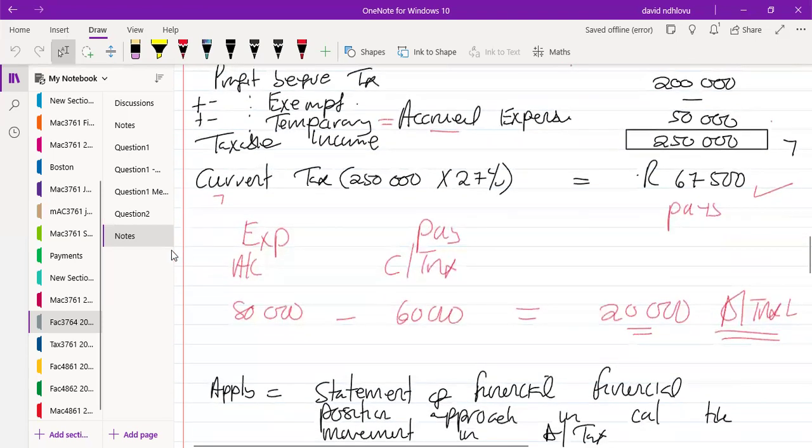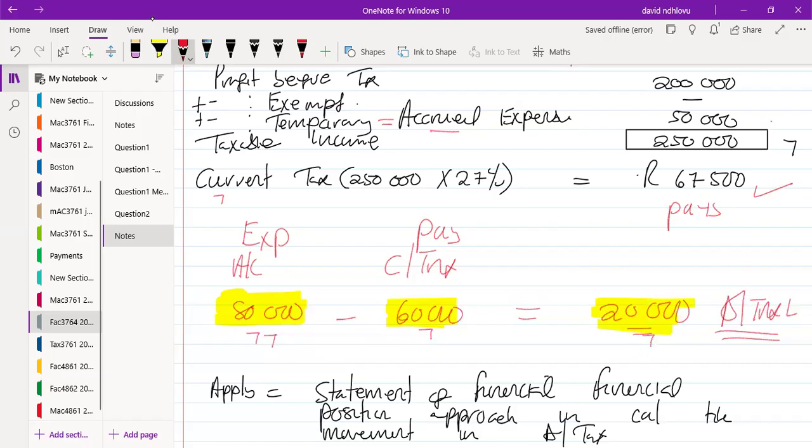Right, I gave you this example here to say, assume that your tax expenditure according to accounting is 80,000, but you pay less. Then you are going to have a deferred tax liability because you underpaid your tax expense. You only paid 60,000 when your tax expense is saying what? 80,000.